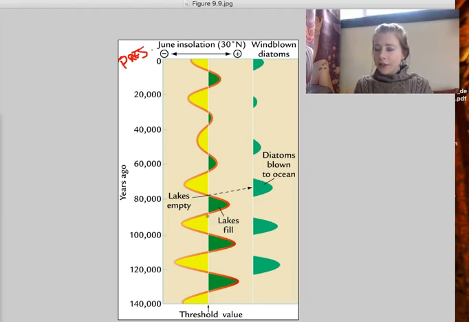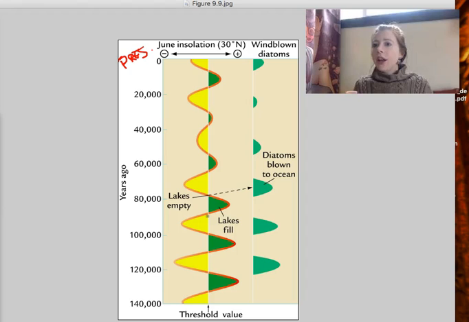And the reason for this is that when these diatoms die, they settle out to the bottom of a lake. And when there are weaker monsoons and the lakes dry up, then we get erosion happening in these dry lakes and transportation, so wind-blown transportation of these sediments. So the wind is carrying these little diatom bodies over to the ocean and depositing them there.